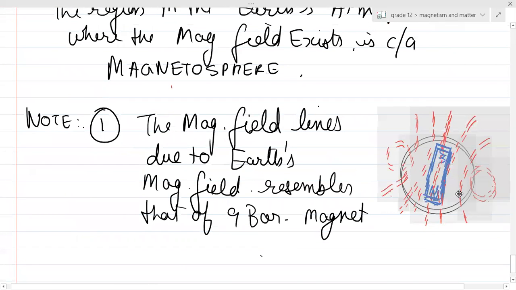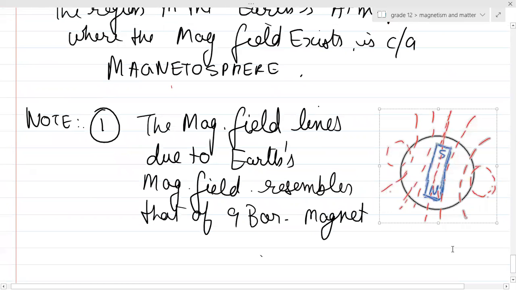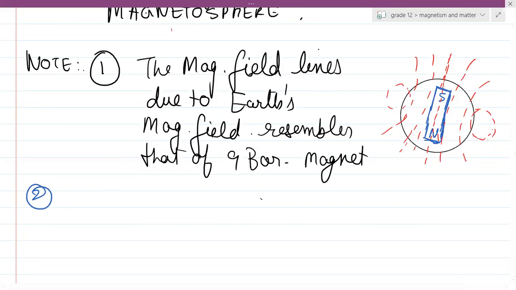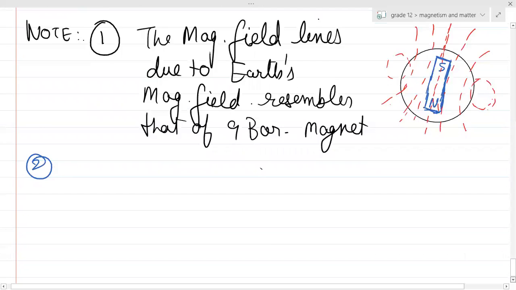Okay, first point clear? First diagram also clear, right? Yes or no? Yes, sir. Let us define something called poles of Earth. Everyone knows poles, right?